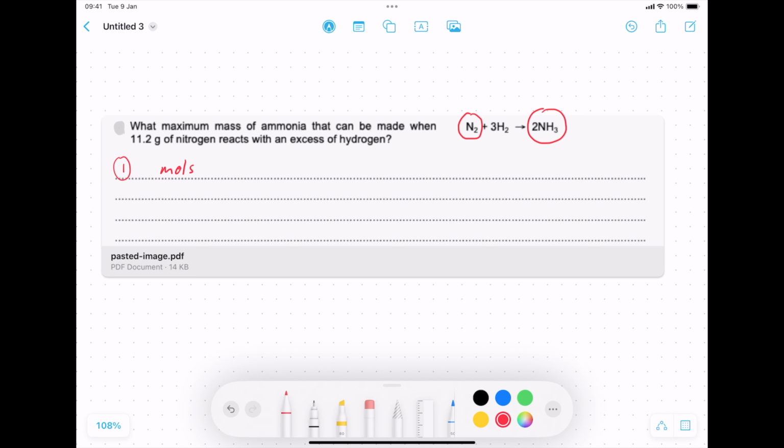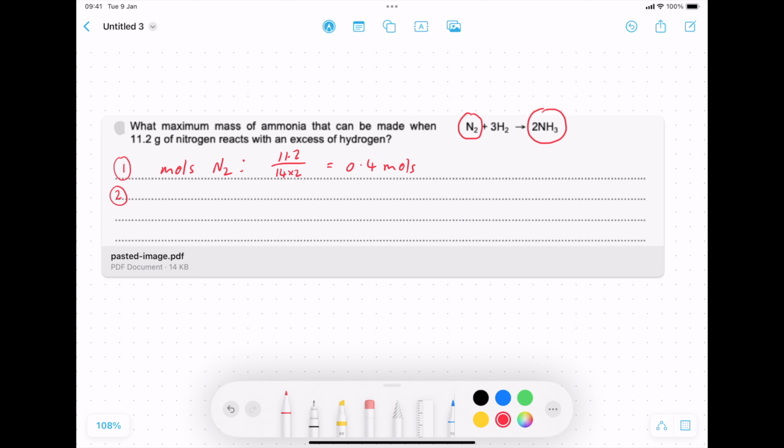So moles of nitrogen. So it'll be moles is mass over RFM. So 11.2 divided by nitrogen N2, which is 14 times 2. So 11.2 divided by 28 gives us 0.4 moles. Notice that nitrogen is a diatomic, just like oxygen, just like hydrogen, so that is why I've used 28 instead of 14.